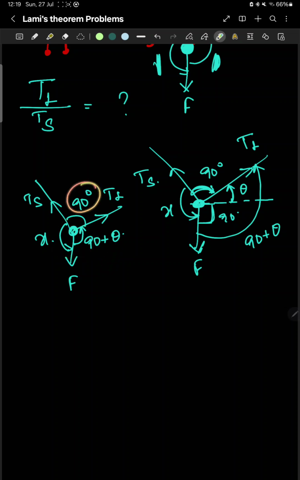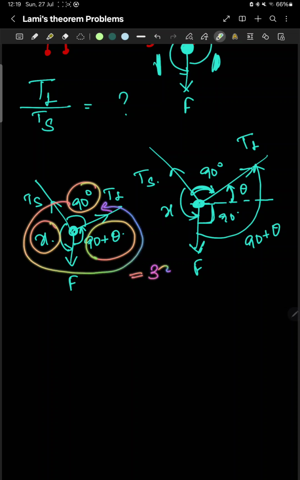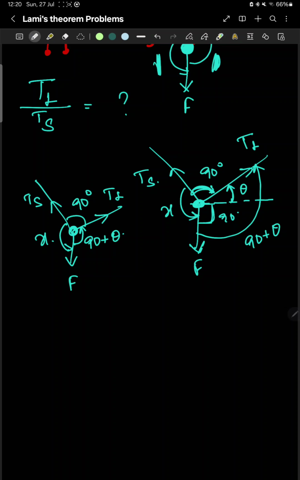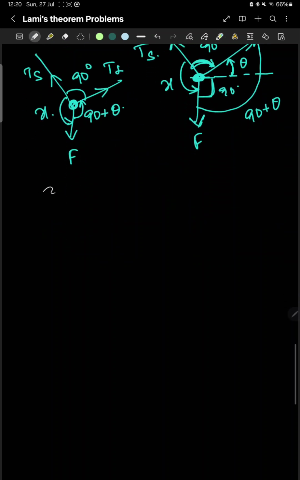So if I add 90 degree, X and 90 plus theta, all three together will finally equal 360 degree. I am going to apply that rule here. So it will be 90 plus X plus 90 plus theta equal to 360 degree. Here 90 plus 90 is 180.